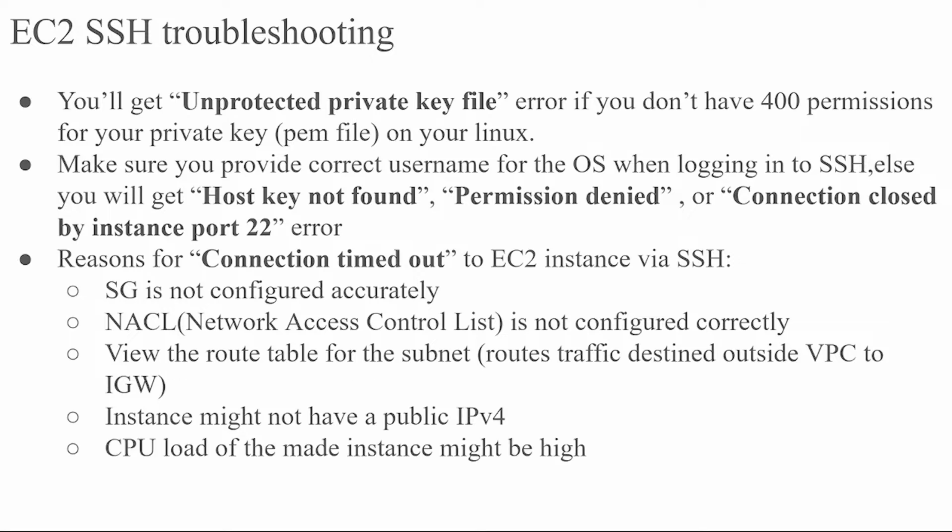Next, the CPU load of the instance might be high. If your CPU load is high, the instance might not get connected and it might show connection timed out. So these are all the possible reasons for this type of message.